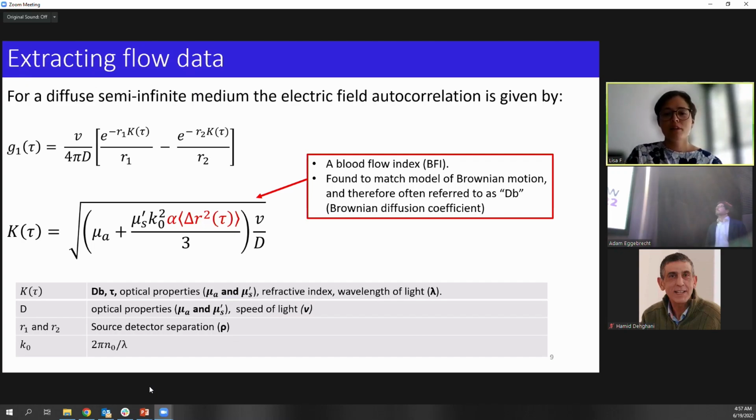We call this term the blood flow index, or BFI, but since it's also been found to match the model of Brownian diffusion, we also often refer to it as DB, for the Brownian diffusion coefficient. So I might switch between calling blood flow BFI or DB.